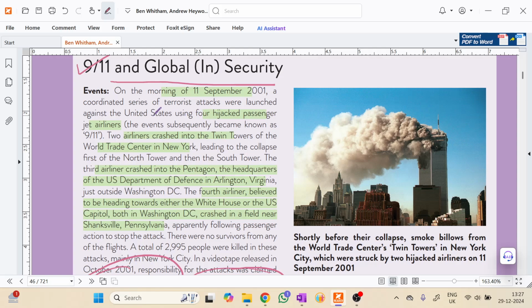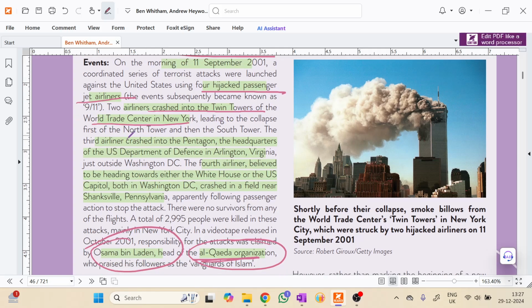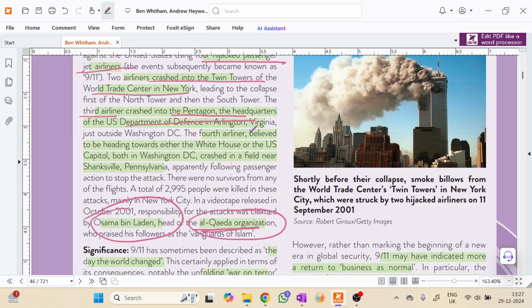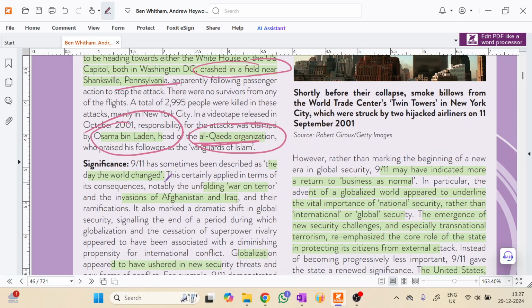On this day, four passenger airliners were hijacked, and two airliners crashed into the twin towers of the World Trade Center in New York. The third airliner crashed into the Pentagon, which is the headquarters of the U.S. Department of Defense in Virginia, and the fourth airliner crashed into a field in Pennsylvania.